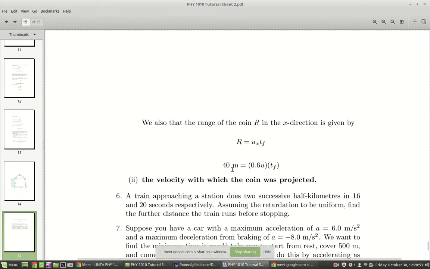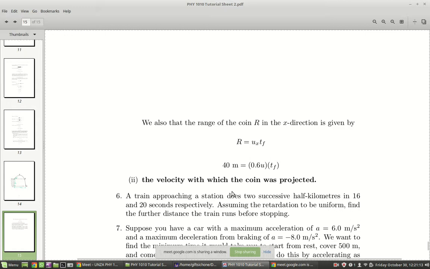This 40 meters, which is the range, is equal to the ux, which is 0.6u multiplied by tf, which is what we don't know. So we don't know the u, we do not know the tf.